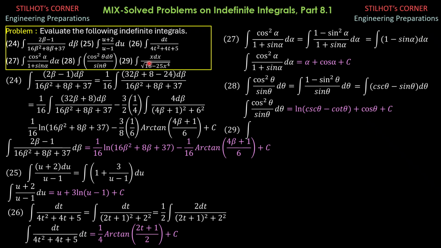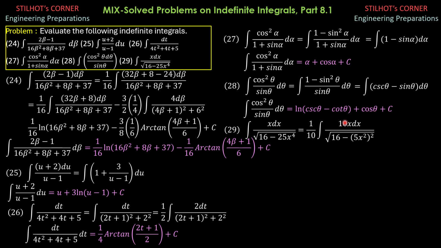Let's proceed to 29. Integral of x dx over square root of 16 minus 25x to the fourth. We write this as 1/10 integral of 10x dx over square root of 16 minus (5x square) square, because if you let u be 5x squared, the differential of 5x squared is 10x dx.